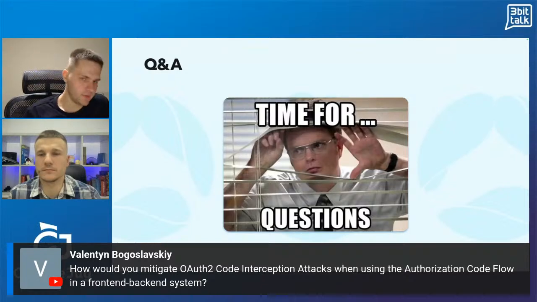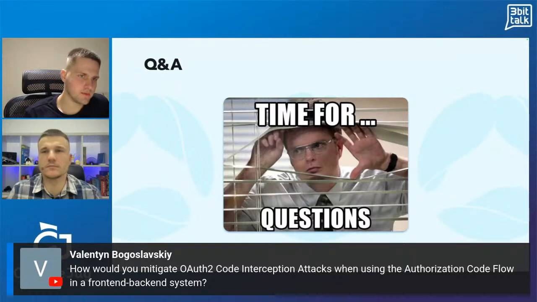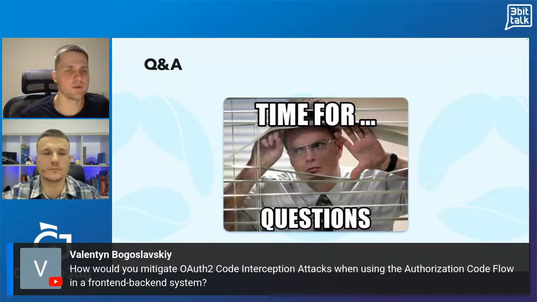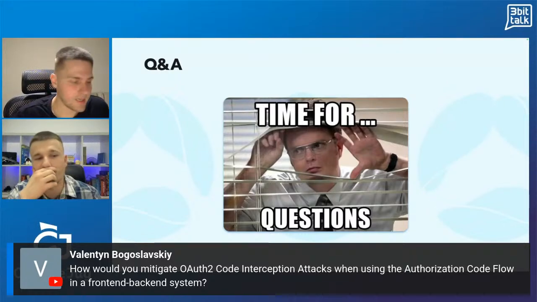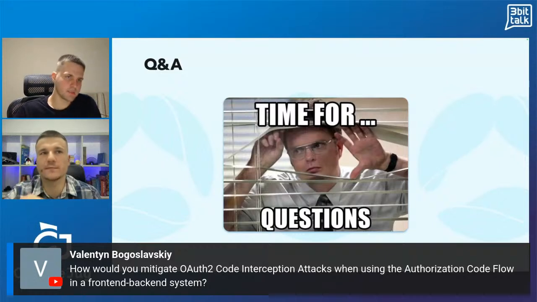You have to configure it only to your own domain, your own resource, and then all the redirects in the user's browser will be to your resource, and other ones will be blocked by the identity provider. And that's probably the only way, because interception can happen only in the browser, because it's the user's browser going to the identity provider and then going back.